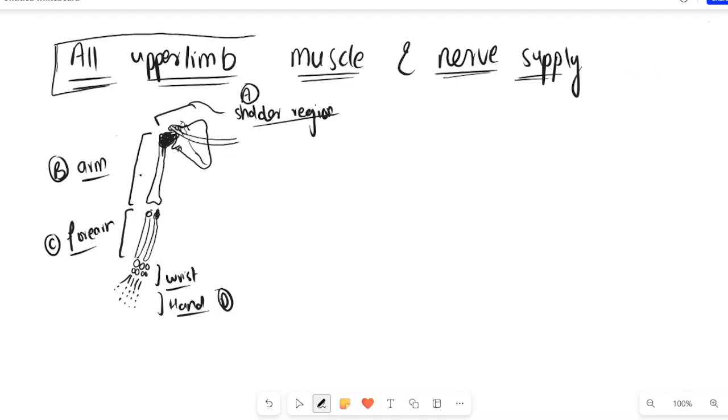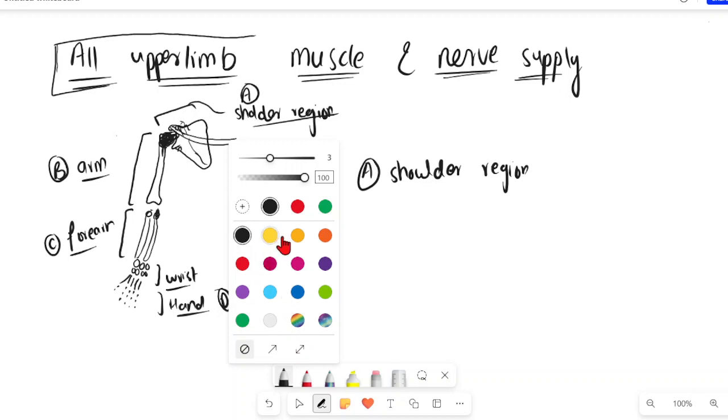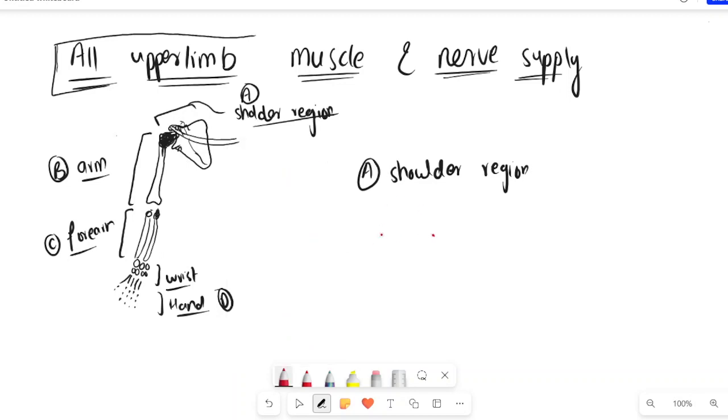So first of all, we will write about the shoulder region. In the shoulder region there are different types of muscles. The first muscle is the trapezius muscle.